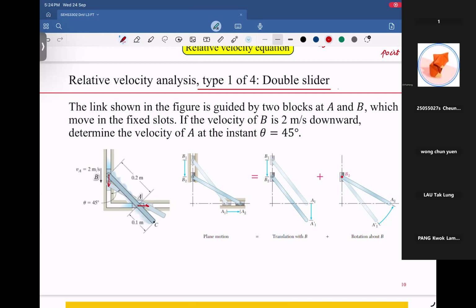So this kind of question, we are always given the velocity of one point and the geometrical relation, and what we want to know is the velocity of another point. Therefore, if point B is given, how do you analyze this?